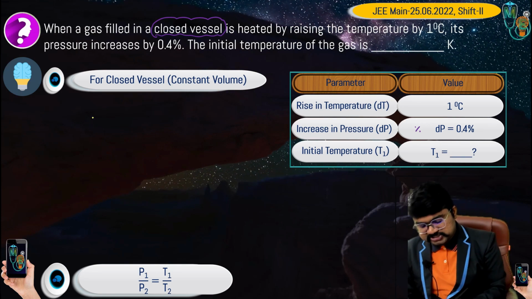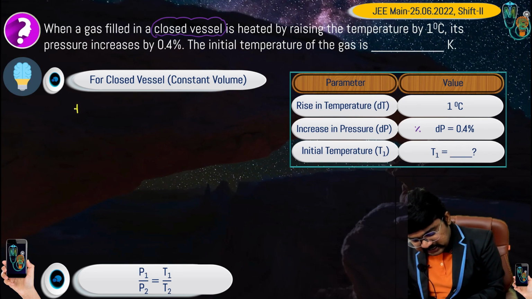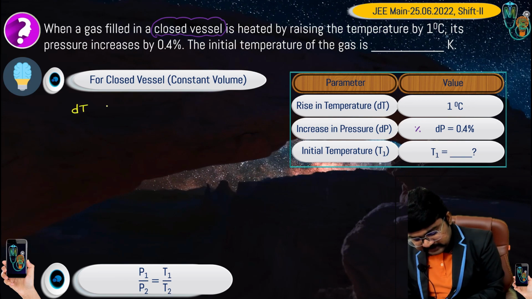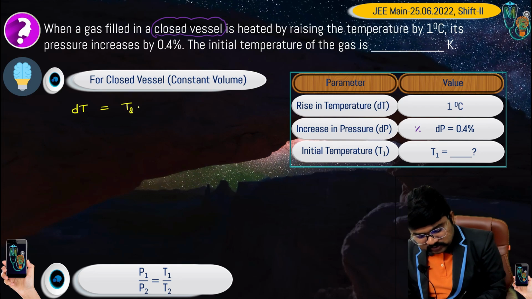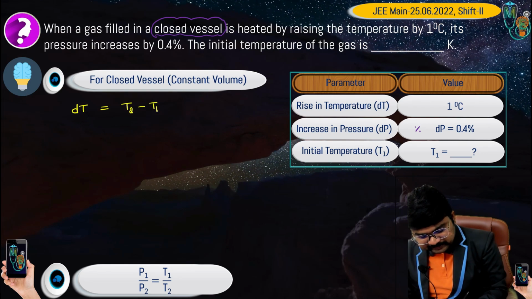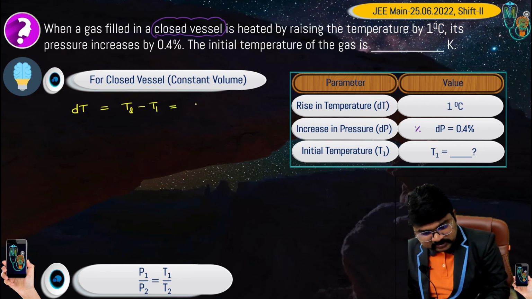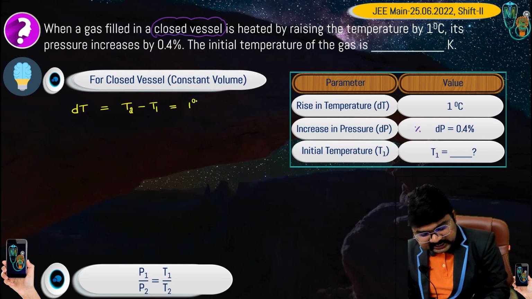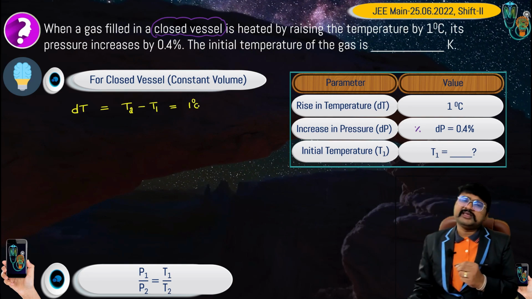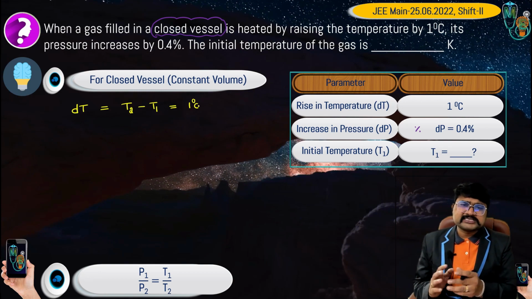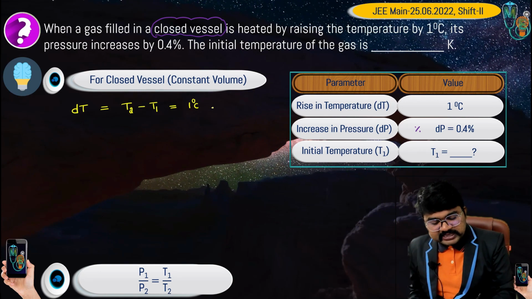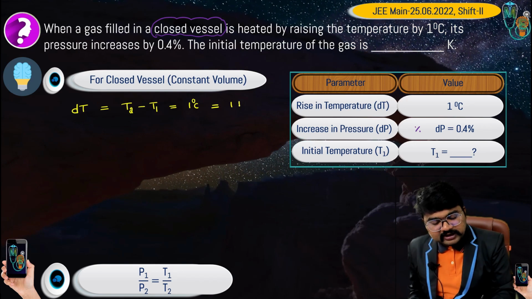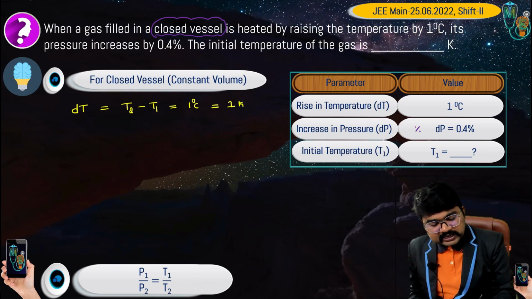Rise in temperature means what? This would be T2 minus T1 equals 1 degree centigrade. Actually, it's a temperature difference. That means 1 degree centigrade equals 1 Kelvin.